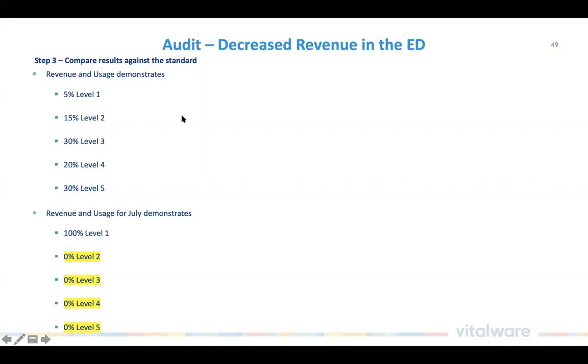However, in the current period, we see there's 100% for level 1 in July and absolutely nothing else. There were no 2s, 3s, 4s, or 5s for the increased volume and increased acuity. So obviously something's gone wrong here.